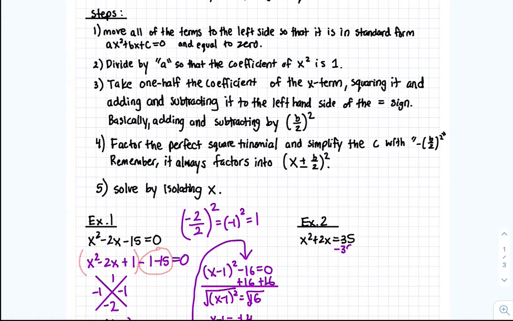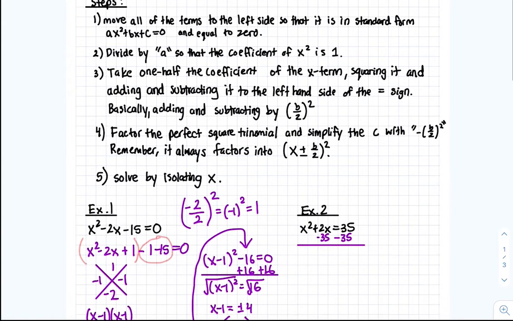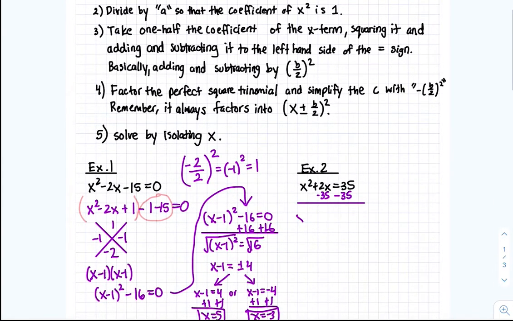I'm going to subtract both sides by 35. x squared plus 2x minus 35 is equal to 0. Next, step 2. Divide by a so that the coefficient of x squared is 1. The coefficient of x squared right here is already 1, so we don't have to do that.